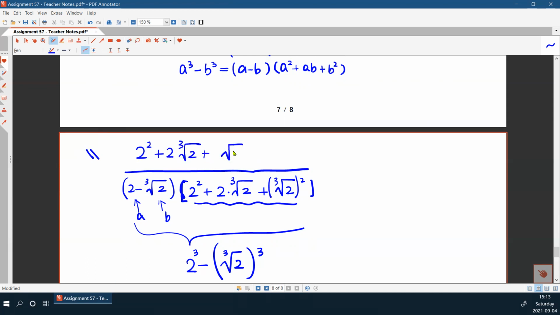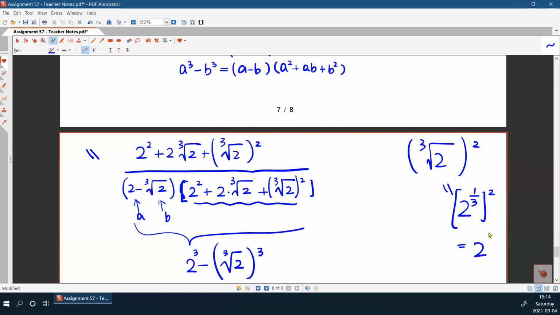So I have a question for you. What is this number? This is actually 2 to the 1/3 and then to the power of 2, right? Which is actually 2 to the 2/3.